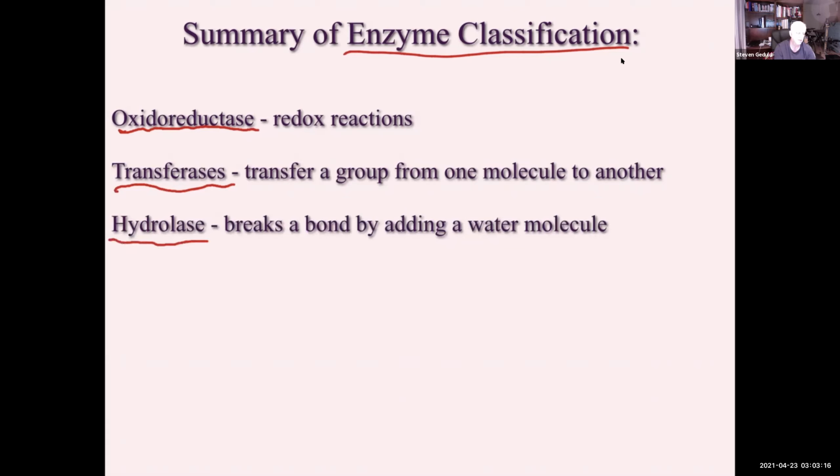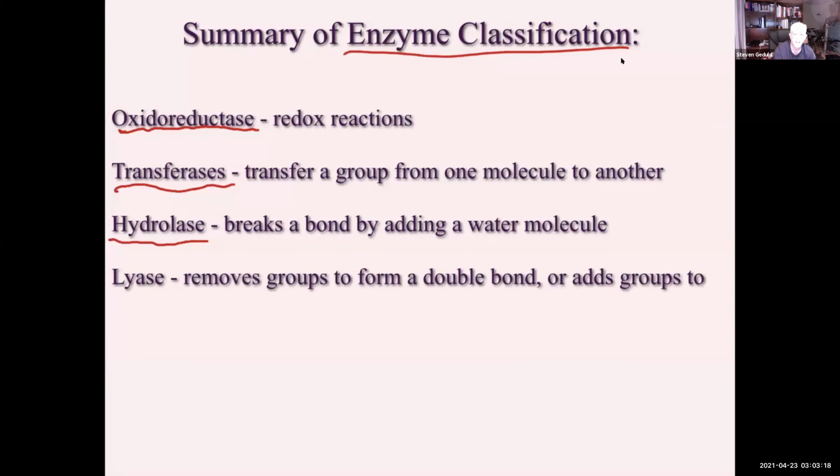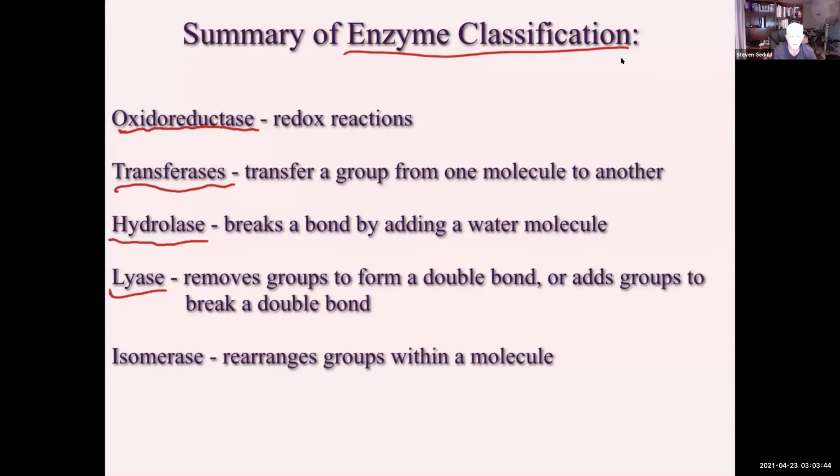Lyases remove groups to form a double bond or add groups to break a double bond, like adding an H and an OH to a double bond to open it up to a single bond. Isomerases rearrange groups within a molecule.